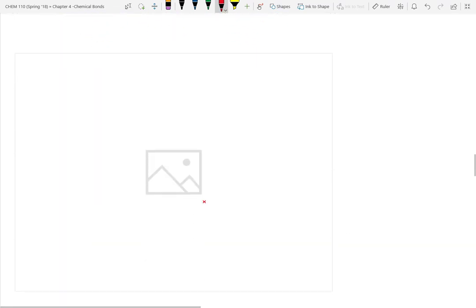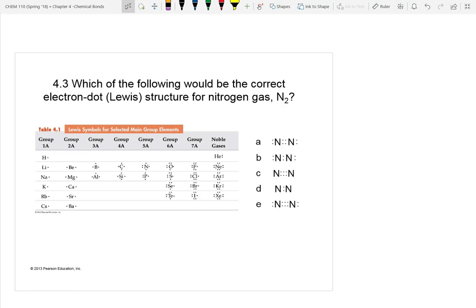All right, I think I just have a few more. Which of the following would be the correct electron dot or Lewis structure for nitrogen gas N2? So you may want to practice this on your scratch paper. I'm going to get us started down here.